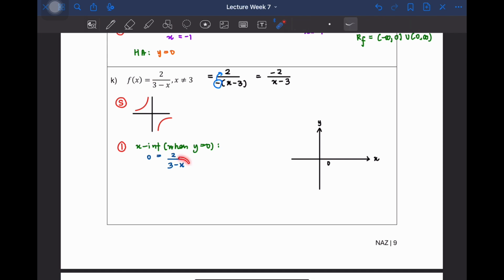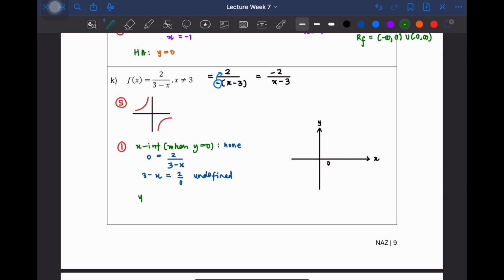Okay, so kita akan bawa 3 minus x to the left to be the subject, and then 0 will be going down here. So we have 3 minus x is equal to 2 over 0, like this. Okay, so again from here you can see that we have 2 divided by 0, so tak boleh bahagi dengan kosong. This one dia jadi undefined, so there is none. X-intercept awak tak ada.